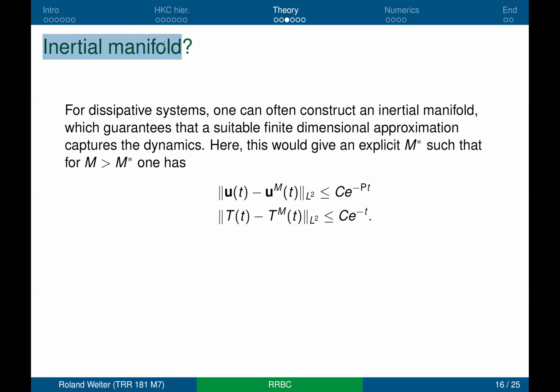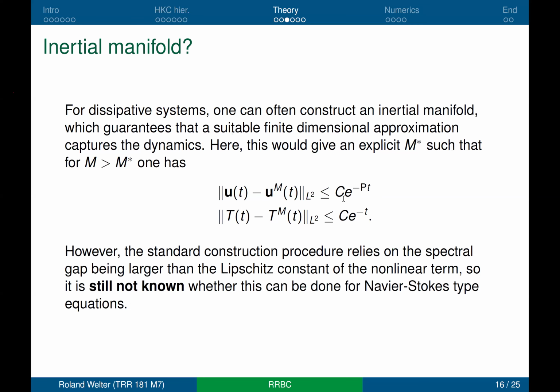There's a really nice set of results in the area of reaction diffusion equations around this type of thing, which is if you can prove the existence of an inertial manifold, then you have the explicit M star that you would want, which gives that this finite ODE approximation actually captures the full dynamics, and you have exponential decay of the true solution when only approximating with your finite dimensional ODE.